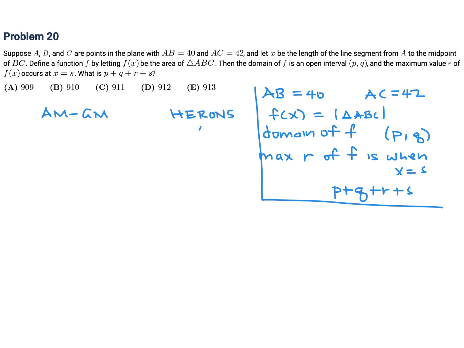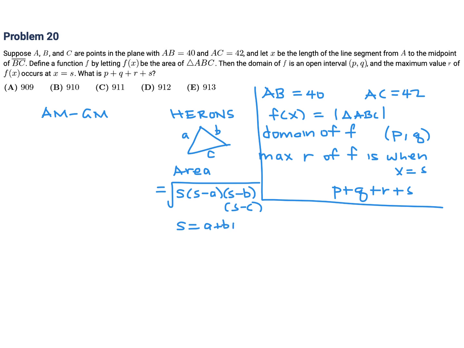So the first one is Heron's. Heron says that if you have a triangle with sides A, B, and C, its area is equal to the square root of S times S minus A times S minus B times S minus C, where S is half of the perimeter. Okay, that's Heron's.